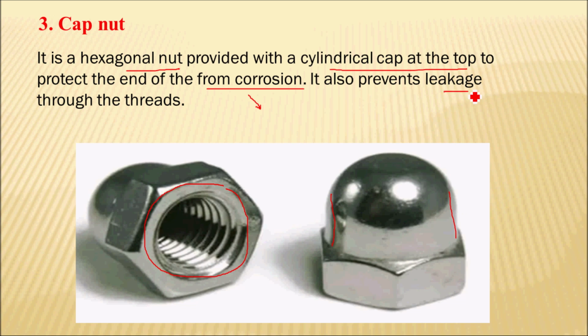Also, to prevent leakage through the thread, this top end is provided. In applications where the bolt thread is to be protected, this cap nut can be used to protect that bolt thread. So the bolt thread will be underneath this cap nut.